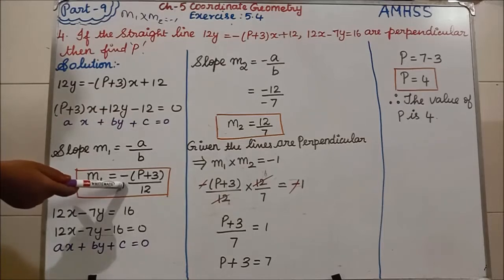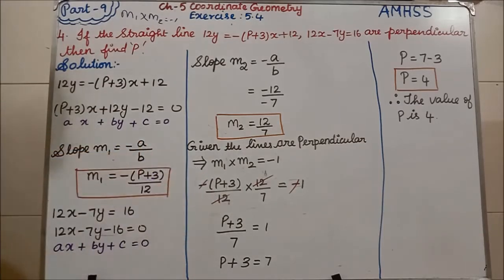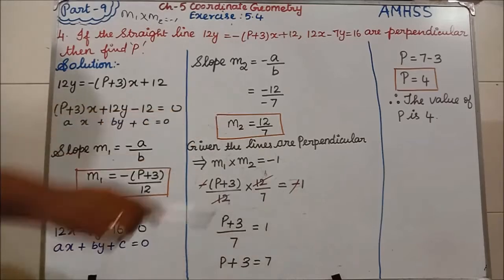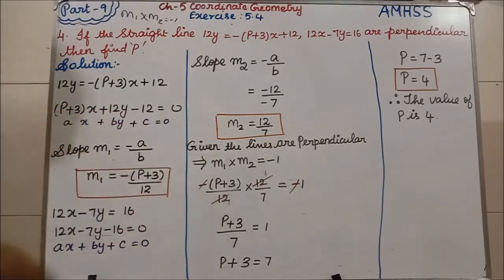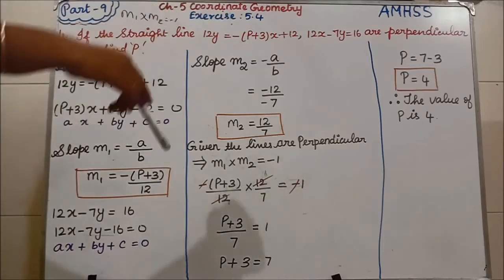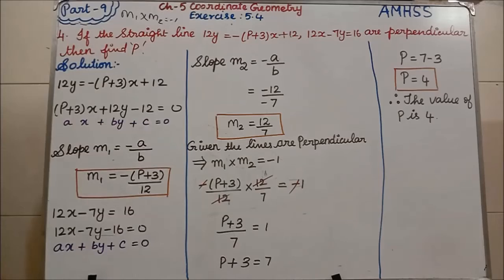What is the m1 value we have got? Minus (p plus 3) divided by 12, into the m2 value, which is 12 by 7, equal to minus 1. If you see, we have denominator 12 and numerator 12, so cancel the 12. On the left hand side and the right hand side we have minus, so cancel the minus also.